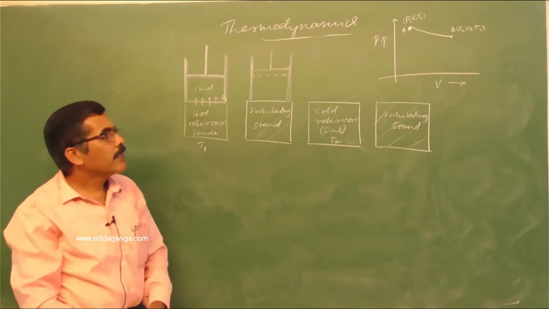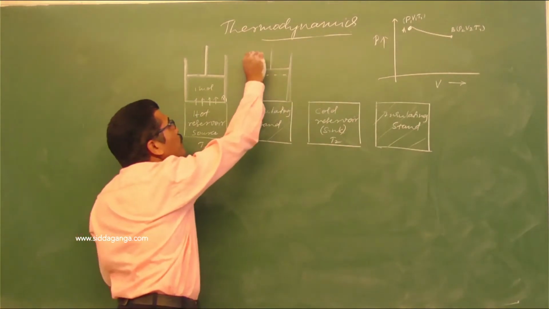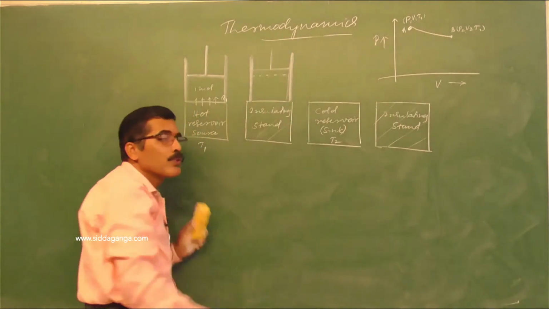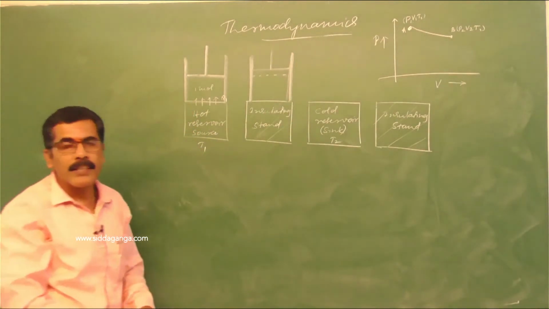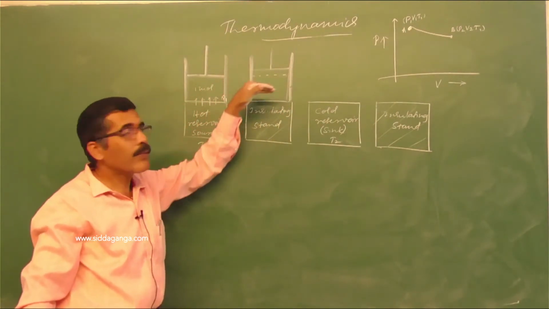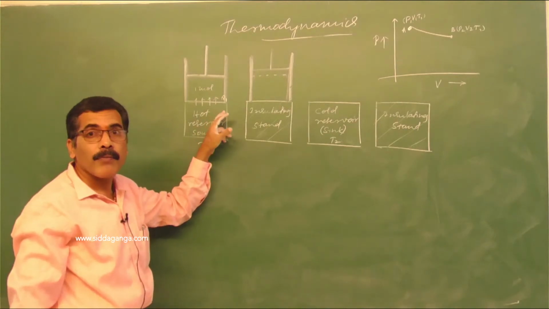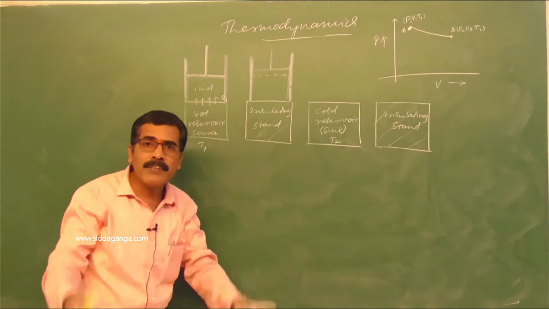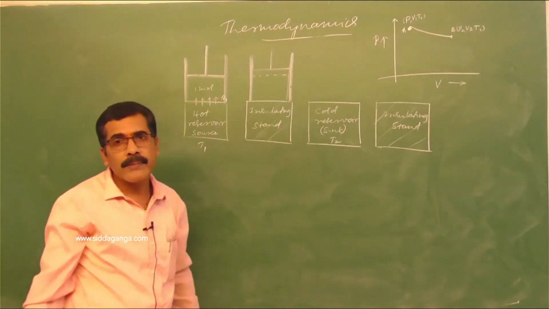When it is kept on the insulating stand, the base of the cylinder also becomes insulated. Initially, walls and piston are insulated, but base was conducting. But once you keep the cylinder on the insulating stand, the base of the cylinder also gets insulated.